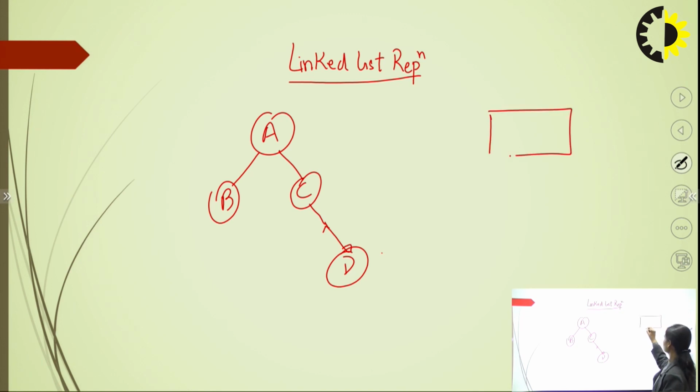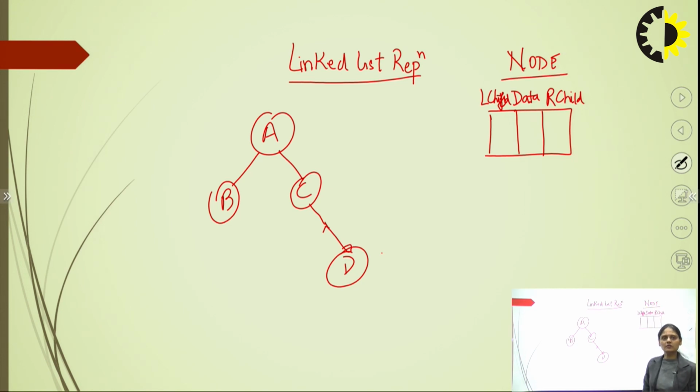The node is represented as the data, and we know that in a binary tree there are at most 2 children. So this is a pointer for the left child, and this is a pointer for the right child. So this is the structure of a node in the linked representation of trees.